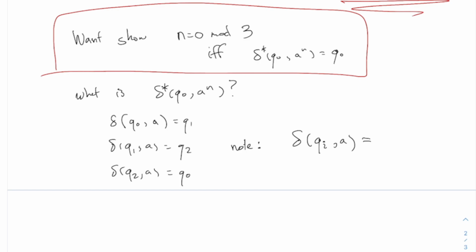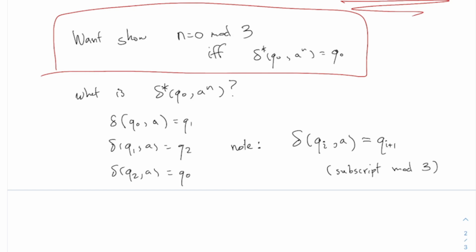It's Q i plus 1, where you just have to allow me to say the subscript is mod 3, right? Because when you're at state 2, you go back around to 0. So when I say delta of Qi and a is Q i plus 1, that's true as long as you read the subscript all the time mod 3, all right?